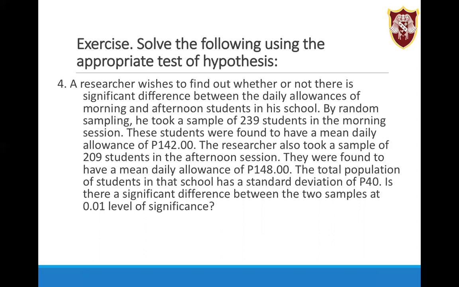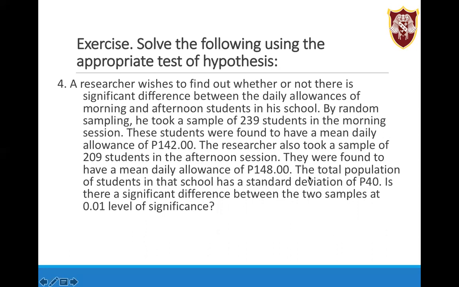Let's find out what variables are given. So random sampling, the researcher took samples from the morning and afternoon sessions to find their mean daily allowances. So there are actually two samples, no? And then we have their mean daily allowances. There are two sample sizes. And then, okay, what about the standard deviation?